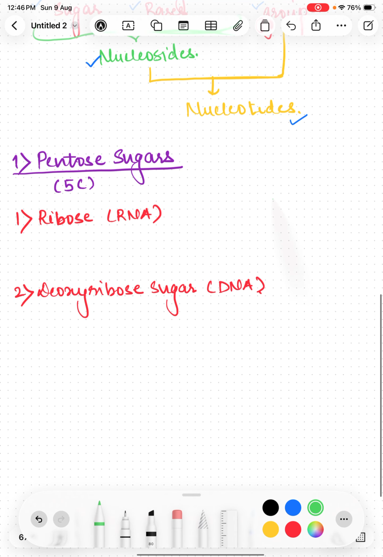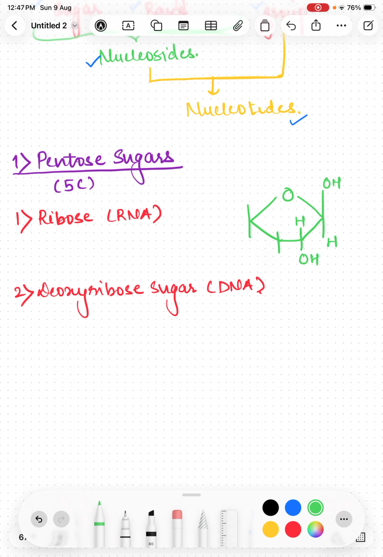Now, this is the structure of ribose sugar. So, this is carbon number 1. This is carbon number 2. This is carbon number 3.